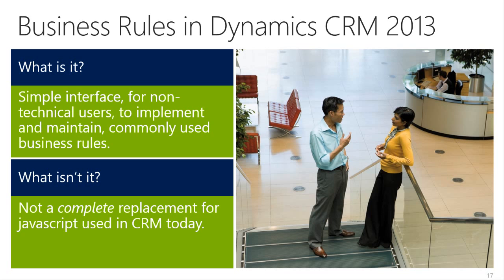So, business rules in CRM 2013 are essentially just a simple interface to implement some business logic at an attribute level or a field level for specific forms for entities. It is not a complete replacement for complex business logic that is being implemented via JavaScript in CRM today.